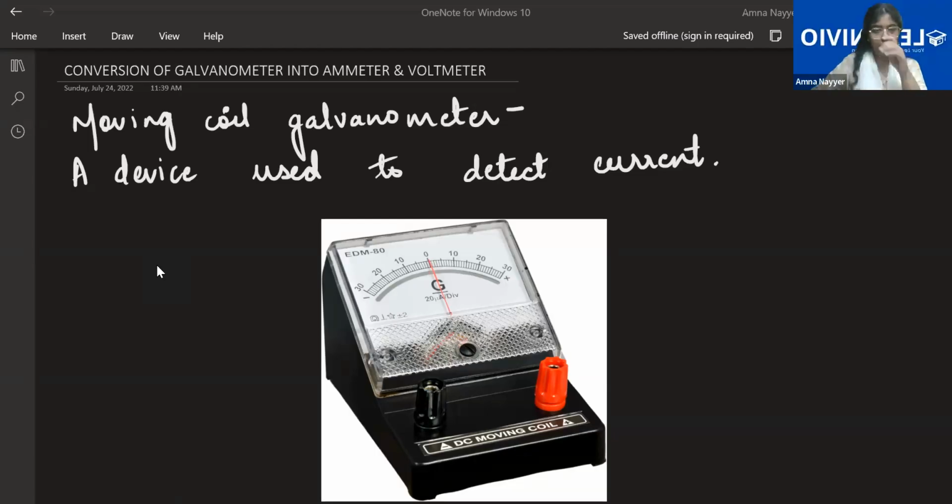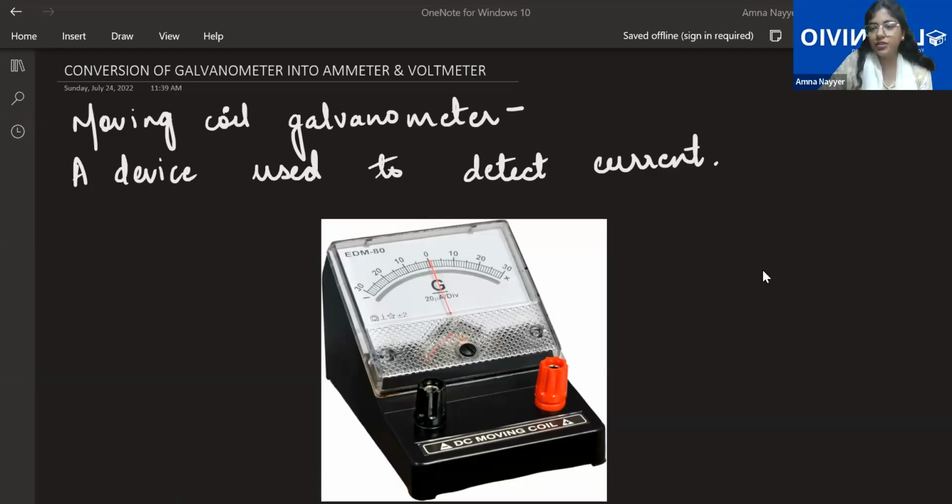All right. So let us complete this. This will complete our chapter: conversion of galvanometer into ammeter and voltmeter. Before that, you need to understand what exactly a galvanometer is. In your circuit, whether the current is existing or not, that is done with the help of a device known as a galvanometer.